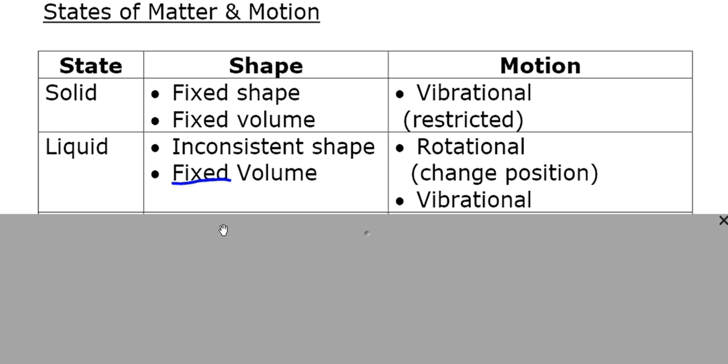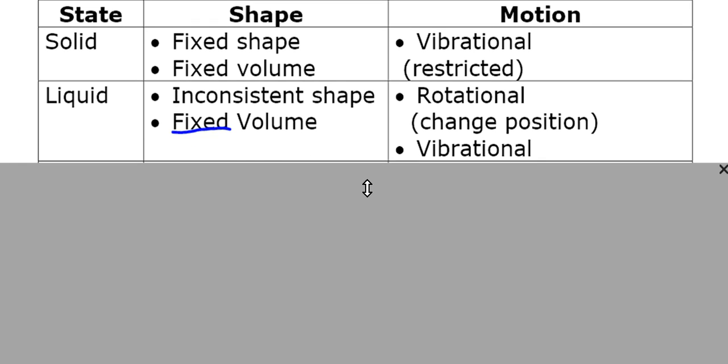You let the water spill out on the counter, it's going to go all flat and spread all around the counter. So the shape is not consistent. In terms of motion, they have vibrational motion like solids, but because their shape changes, they have a second type of motion which we call rotational. So those molecules can change their position as they're in motion.